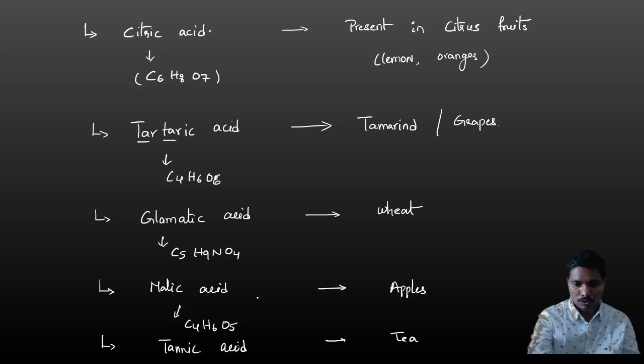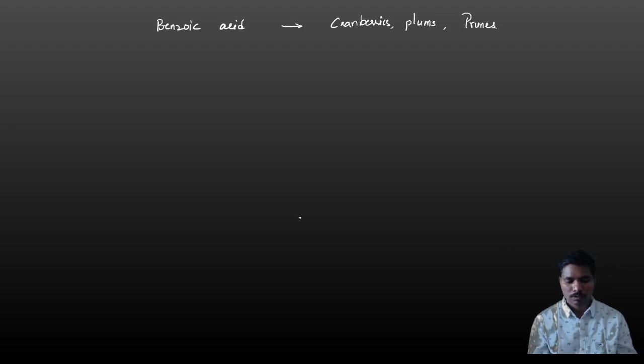So benzoic acid. Benzoic acid is present in cranberries, plums, prunes.